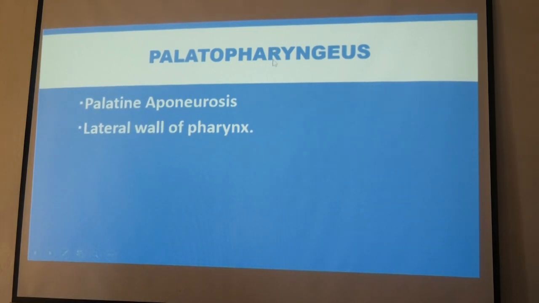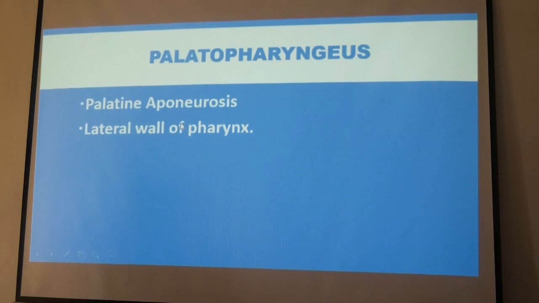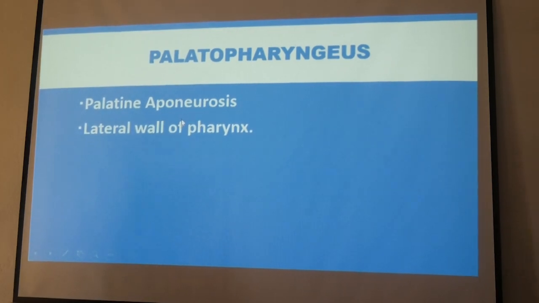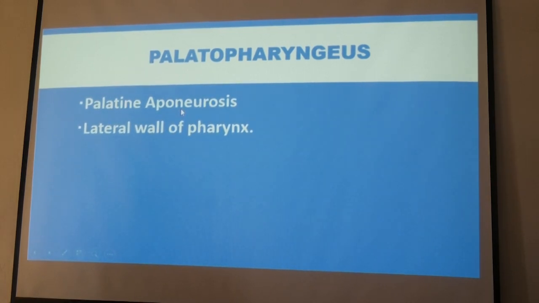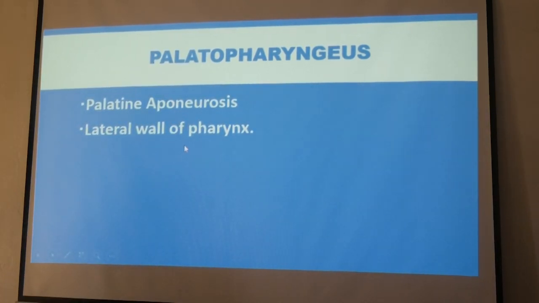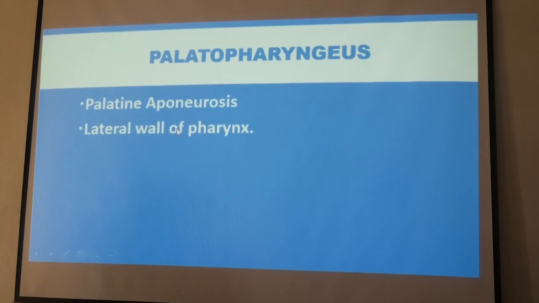Palatopharyngeus. So the palatine aponeurosis: between the hard palate and soft palate, there is an aponeurosis known as the palatine aponeurosis. It is also inserted into the lateral wall of the pharynx.